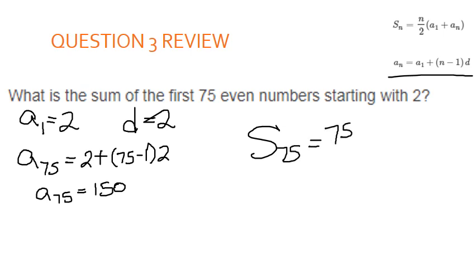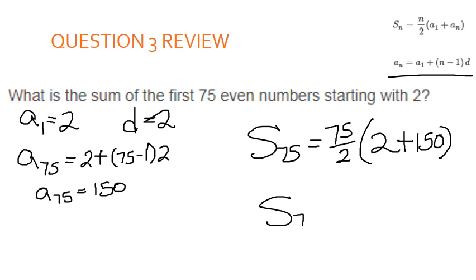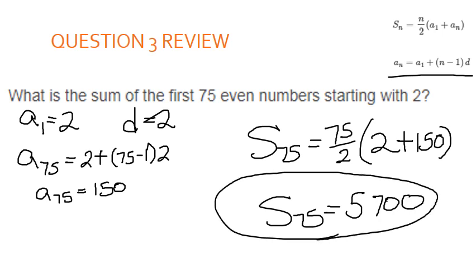So I have 75 over 2 times 2 plus 150. Put that in your calculator. So the sum of the first 75 terms is going to be 5,700. Make sure you're getting that number in your calculator.